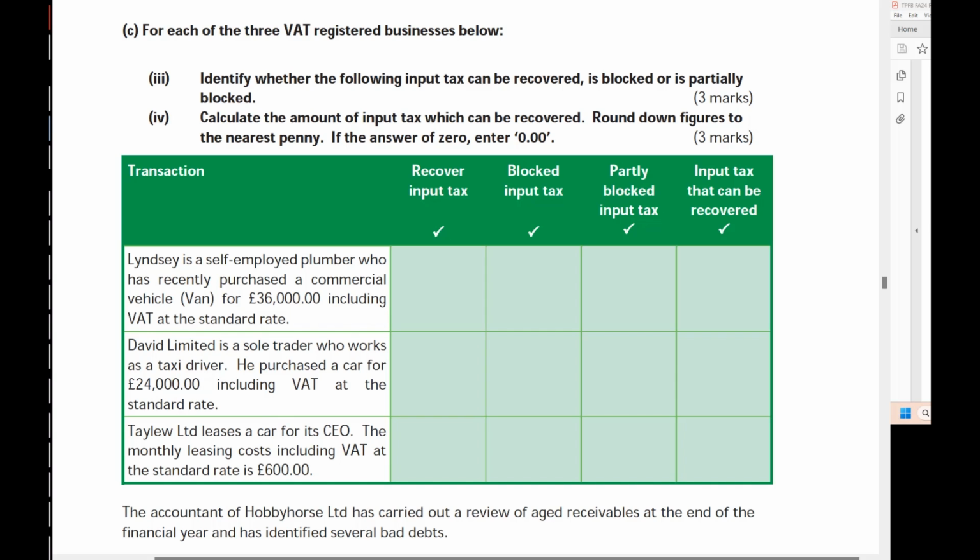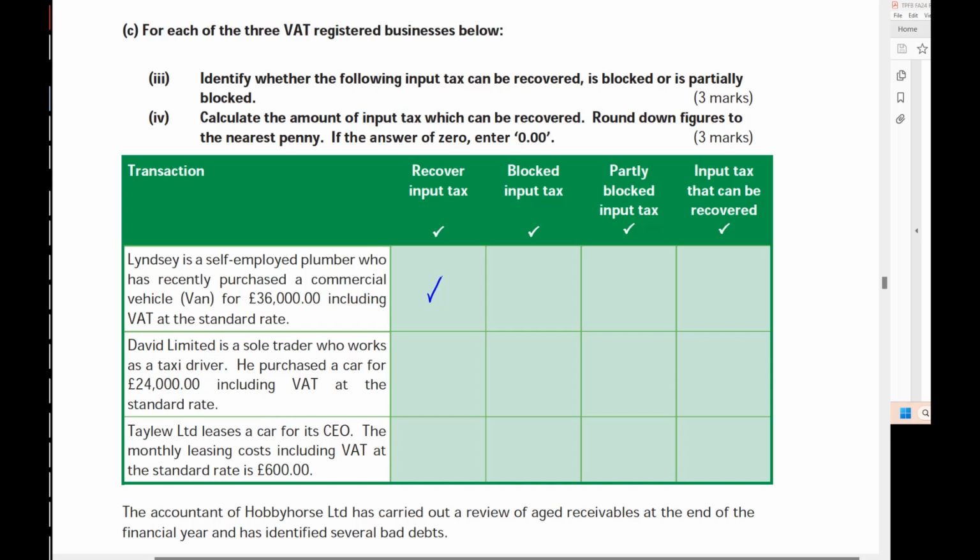Lindsay is a self-employed plumber who has recently purchased a commercial vehicle, a van, for £36,000, including VAT at the standard rate. So can we recover input VAT on a van? And the answer is yes. You cannot reclaim input VAT on cars unless you can prove they have either none or very negligible private use.